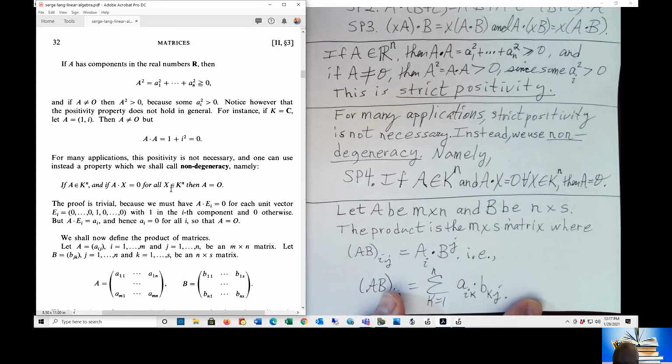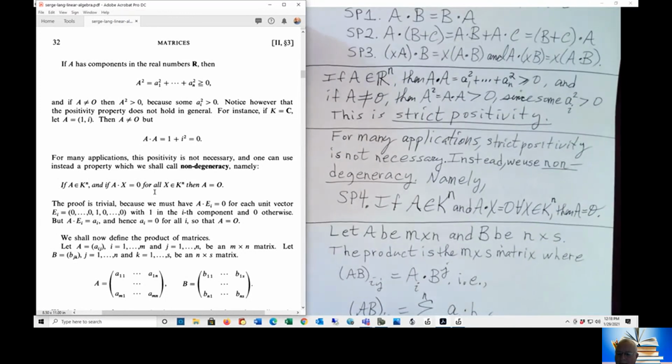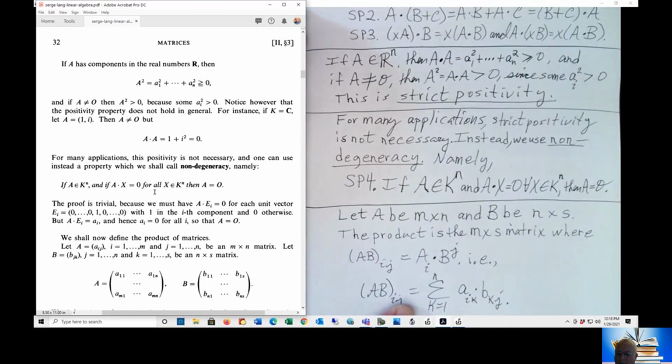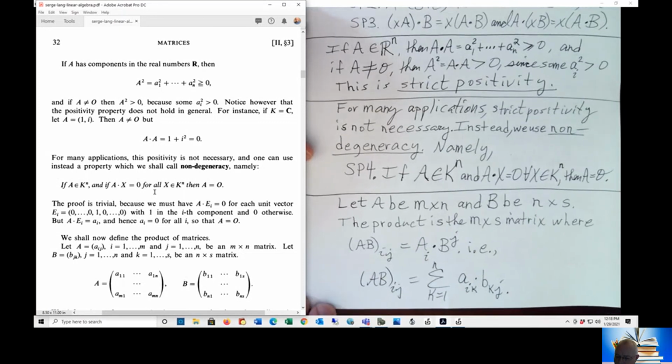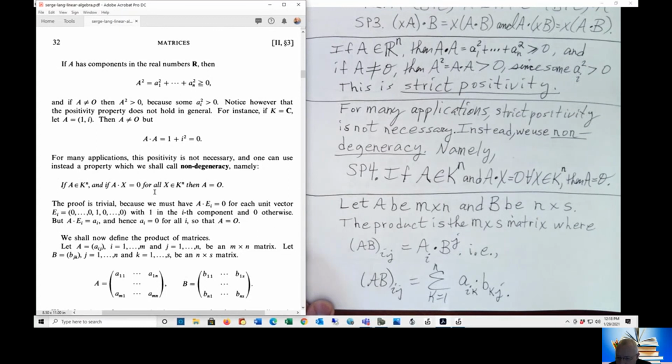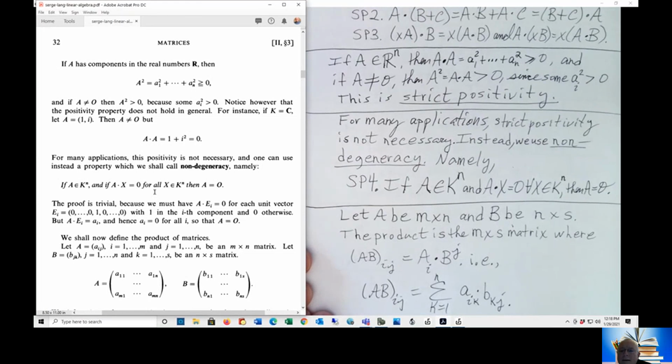If A is in Kn and A dot x equals 0 for all x in Kn, then it must be the case that A is the zero vector. In other words, we say that the vector space is non-degenerate with respect to the dot product.